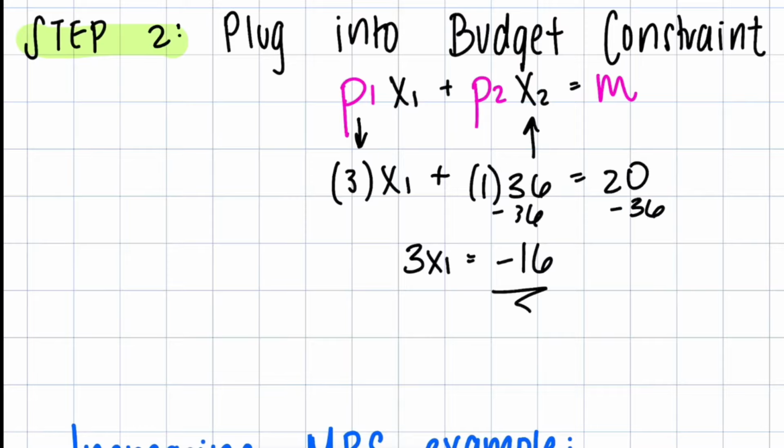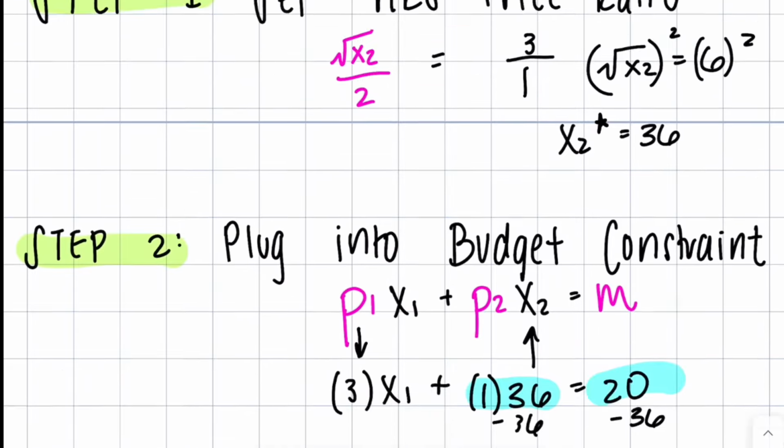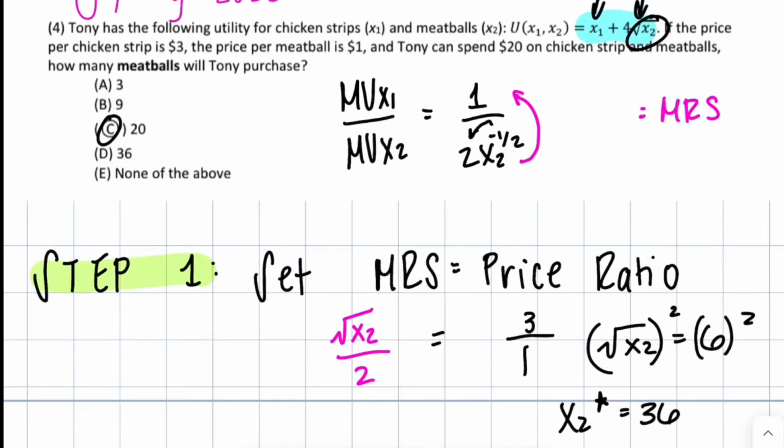Since we can't have this be equal to a negative number, we know that we can't consume all 36 of x2 that we desire, and so we're going to consume as many as we possibly can. Since they're priced at $1 each, we're just going to consume 20 of x2 because that's as many as we can afford. So our correct answer would be C.